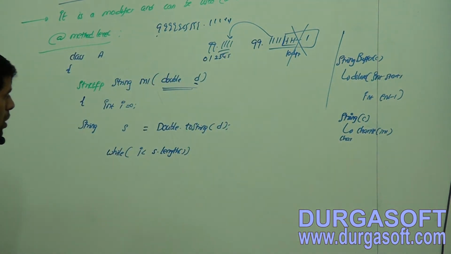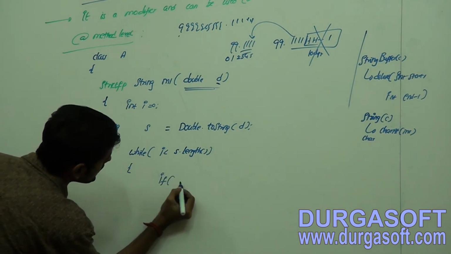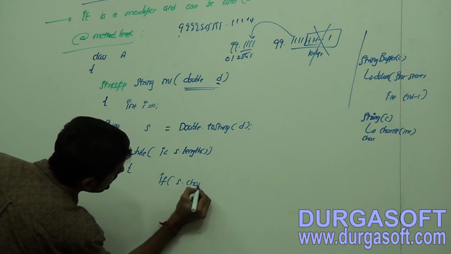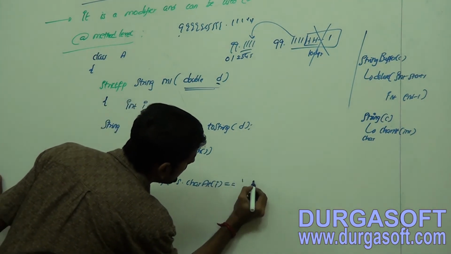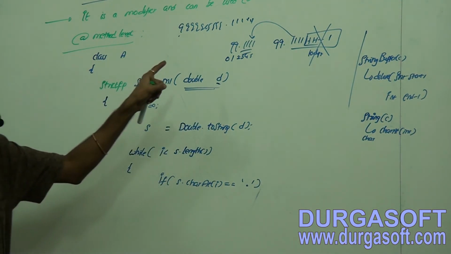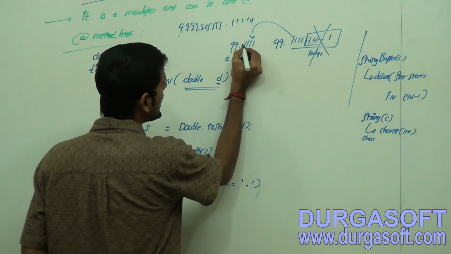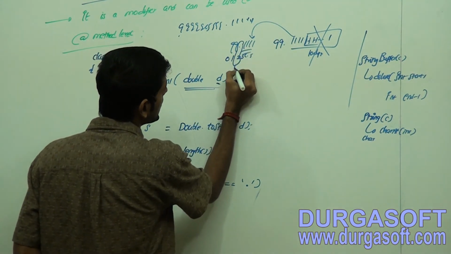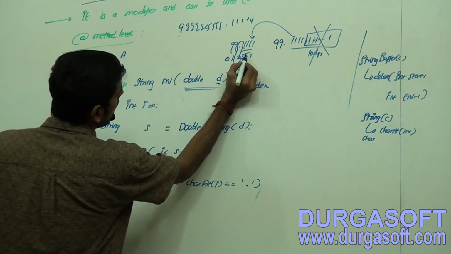Now observe this properly: if s.charAt(i) equals dot. Till the dot, I should make the JVM traverse. Think that the JVM is at the second index. Please observe, friends.